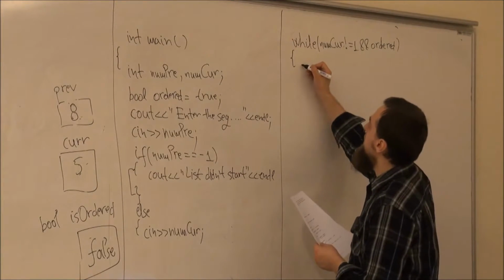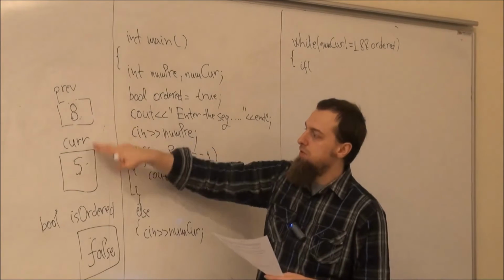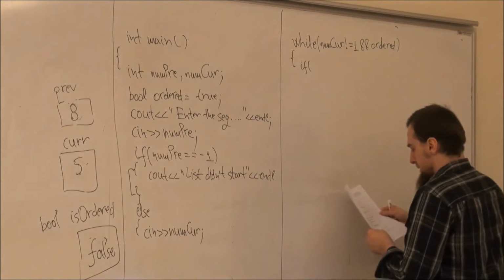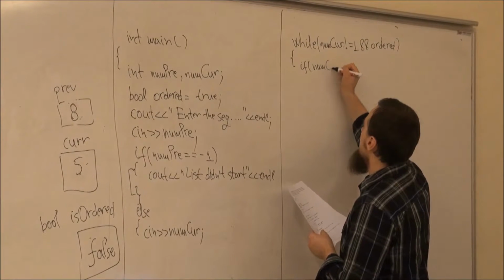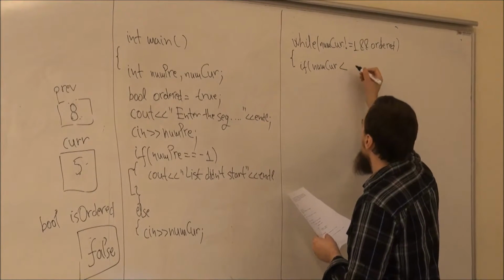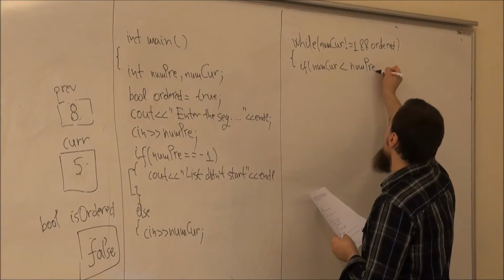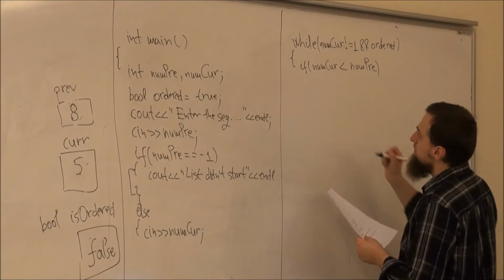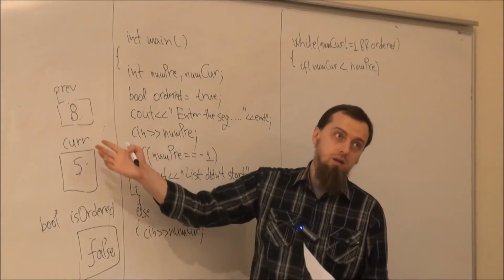The checking is done here. So if the current number is smaller than the previous number, then what? If this is smaller than this guy, it's false.